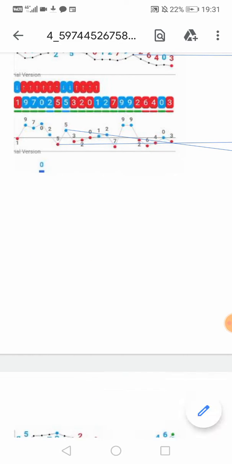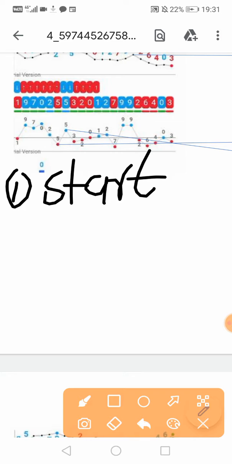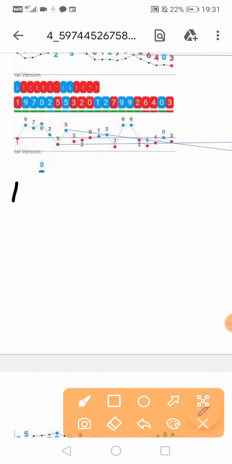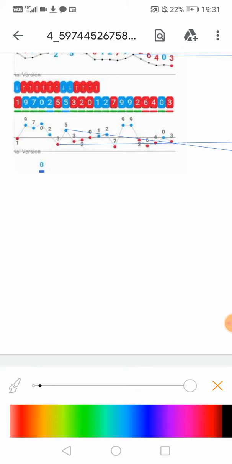That's the first thing. Then number two: you check, between the blue zone and the red zone, which one is ascending and which one is descending.